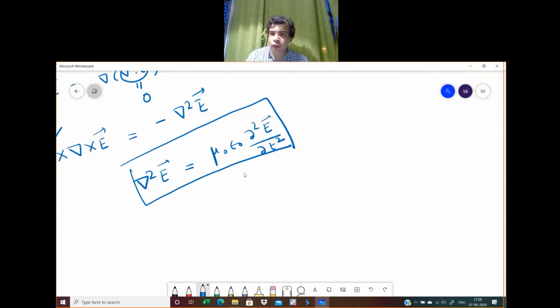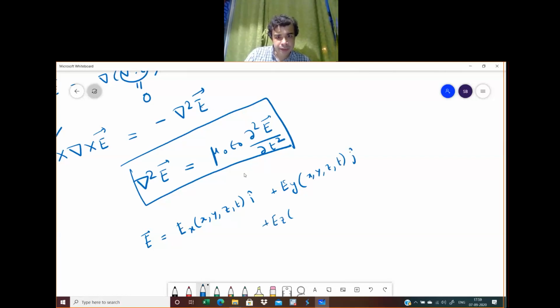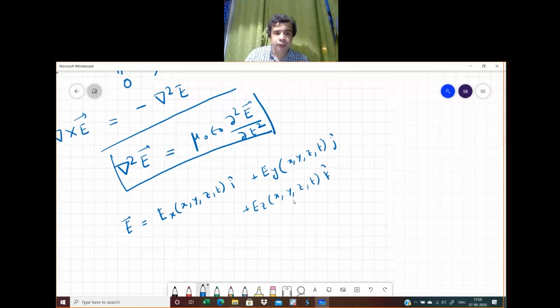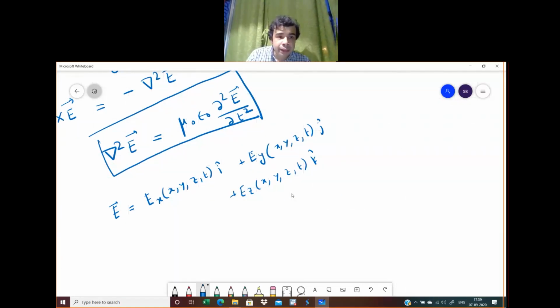Let us consider the most general case, that E equals E_x i plus E_y j plus E_z k, each a function of x, y, z and t. And note that this Laplacian operates on a vector, not on a scalar.